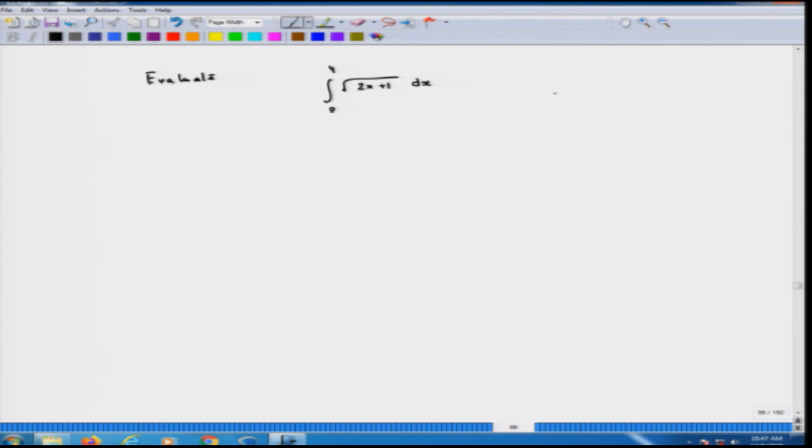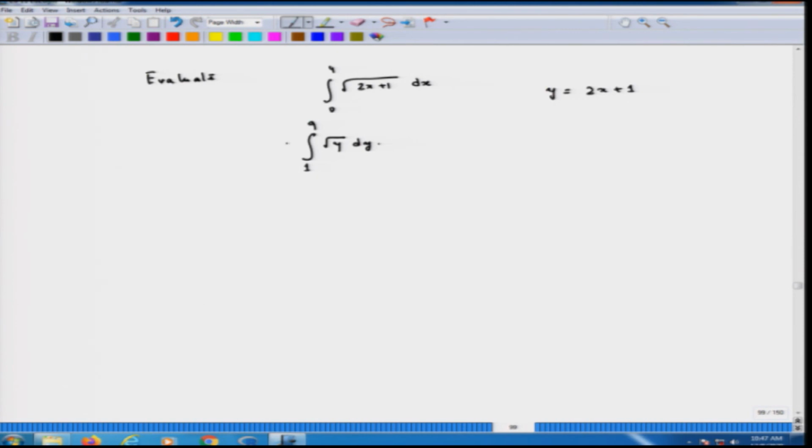Now, if I take my y to be 2x plus 1, then obviously at 0 this is 1, and at 4 it is 9, and then this is equal to the integral of square root of y dy, and then this dx is g prime of x, where g of x is 2x plus 1, so g prime of x is equal to 2.